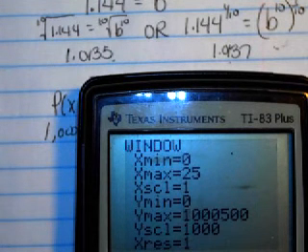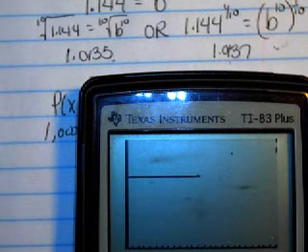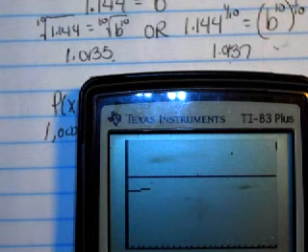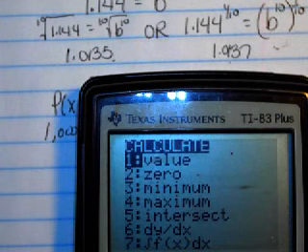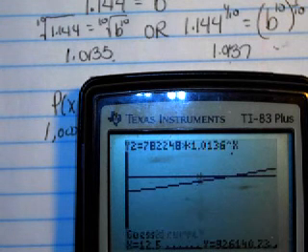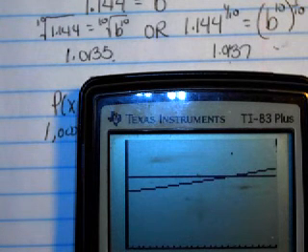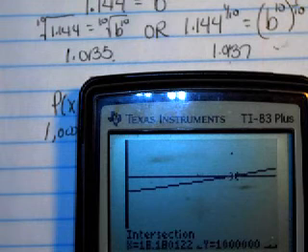You can see where it's kind of crossing there, but let's get it better than that. There we go. So if we do second, calculate 5, enter, enter, enter, that gives us 18.18.